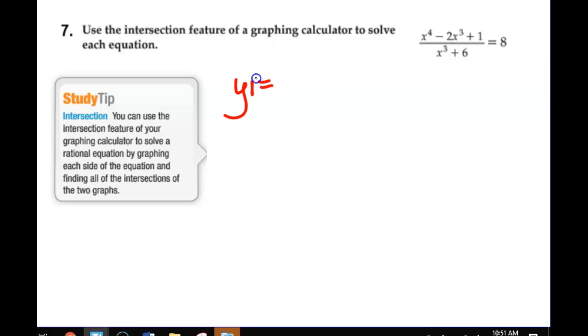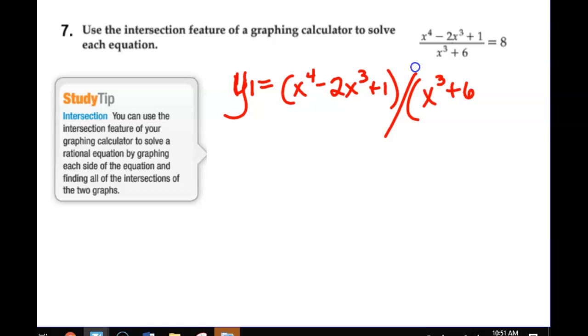Y1 is going to be x to the 4th minus 2x cubed plus 1 divided by x cubed plus 6, and y sub 2 is going to be 8. We just want to see where that mess hits the line 8.